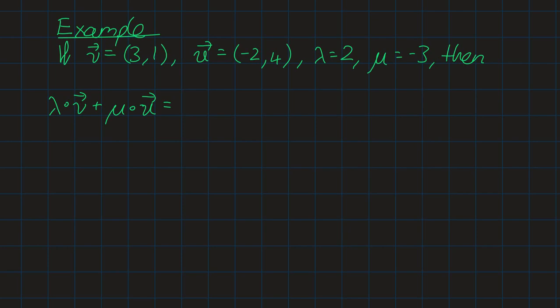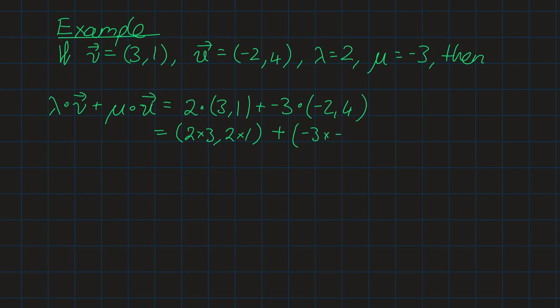Well, I could write it all out in terms of numbers. So this is 2 times (3, 1) plus minus 3 times (minus 2, 4). Now this is (2 times 3, 2 times 1) plus (minus 3 times minus 2, minus 3 times 4).